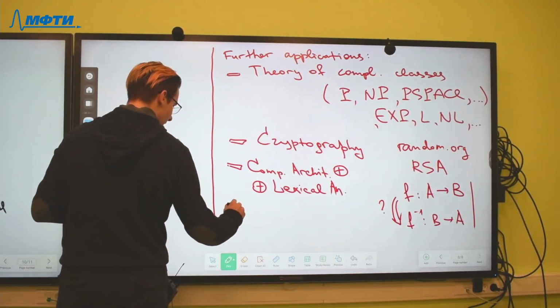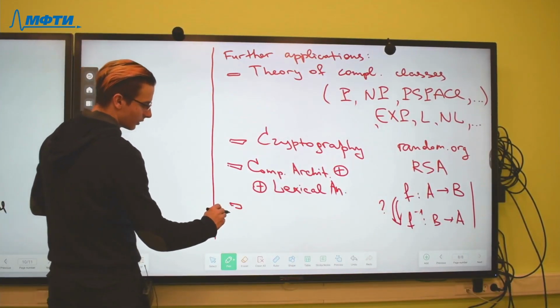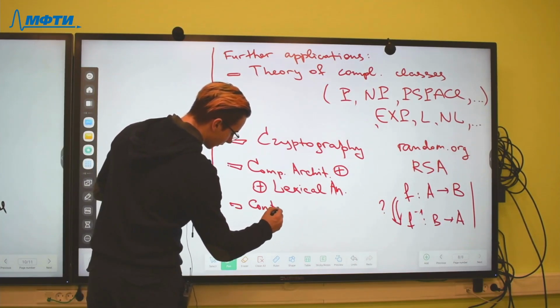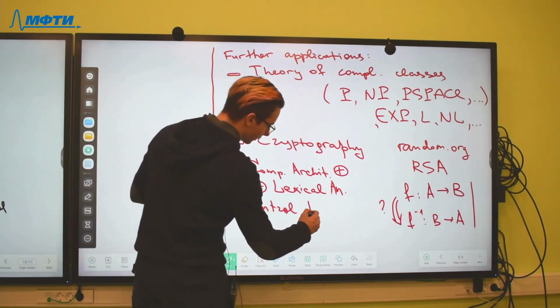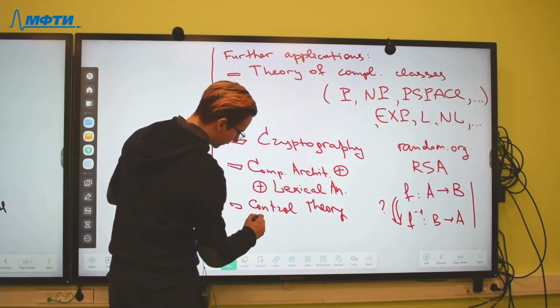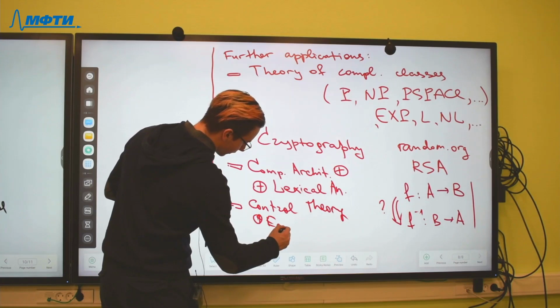And for example, control theory was economic.